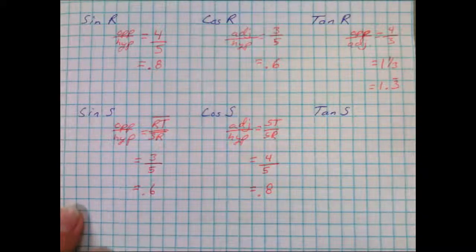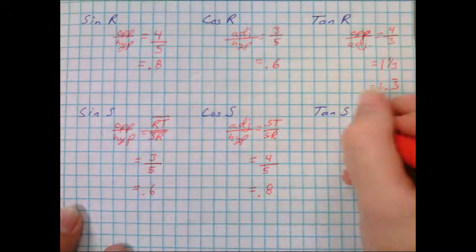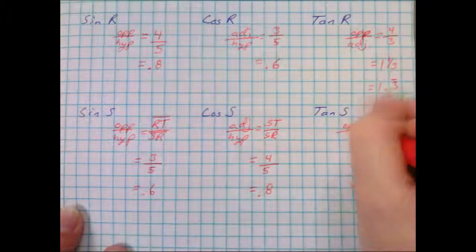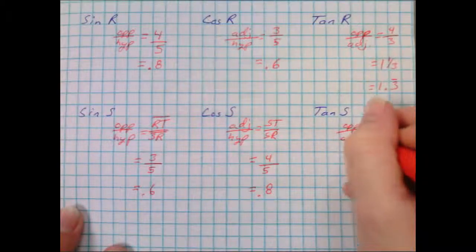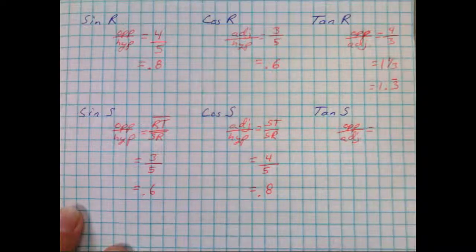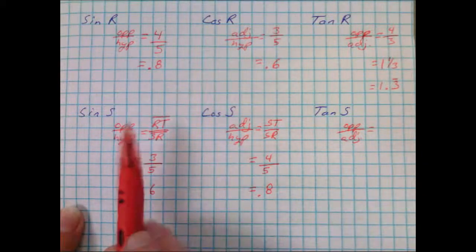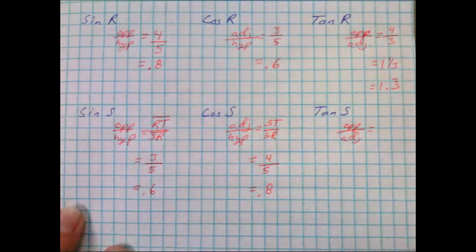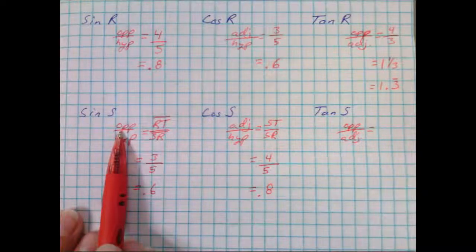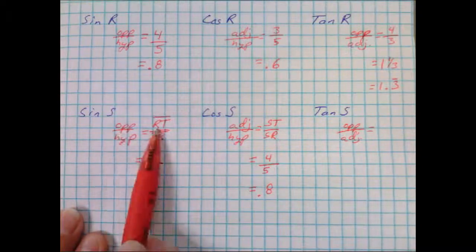Okay, now for tangent of S. Tangent, again, is opposite over adjacent. Which segment is opposite of S? We had opposite over here with sine of S, and that was RT.